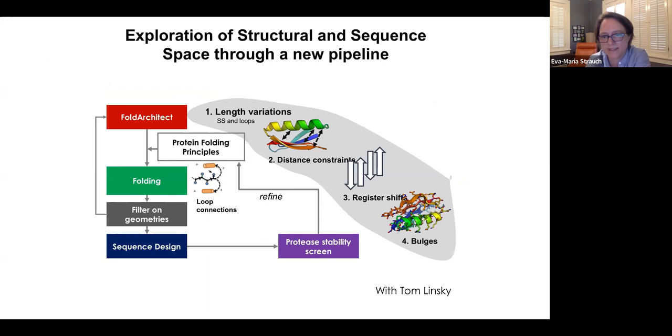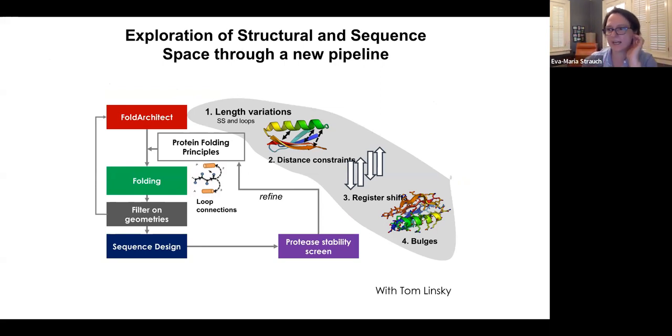This was done together with Tom Linsky, who wrote most of the core code, and then we just designed the proteins. But the idea here is that if you want to define the fold, you want to give, of course, what kind of secondary structure elements there are, and then ranges of the secondary structure elements. But you don't really want to make definite decisions like it only needs to be this one ABEGO code.